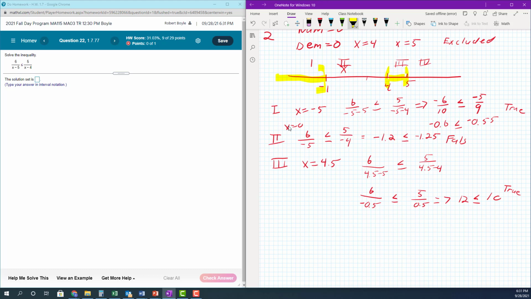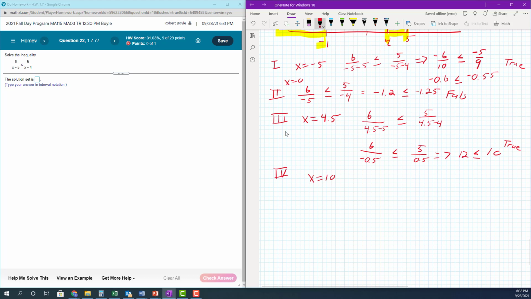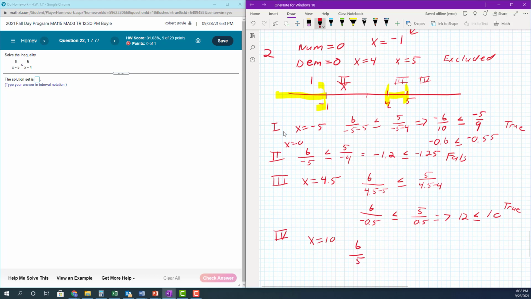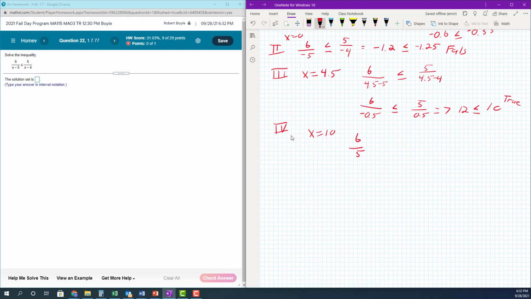And then finally, for interval number 4, how about we just let x be equal to 10? 10 is a nice easy number to work with. Then you are going to have 6 divided by 10 minus 5. That's going to be 6 over 5. And then we're going to have 5 divided by 10 minus 4. That's going to be 5 over 6.